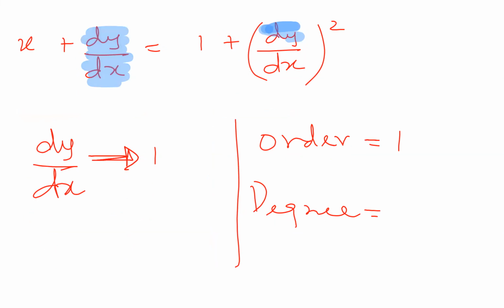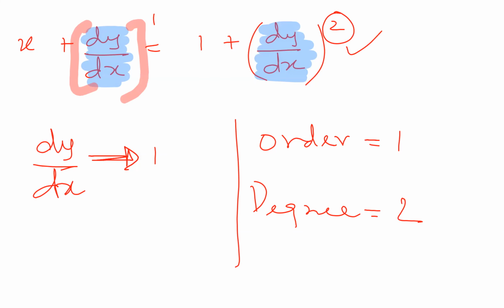There are two dy by dx terms. The first one has power 1 and the second one has power 2. So degree is the maximum power, so we'll consider the degree as 2. Fine. So that is the first topic of differential equations, that is order and degree.